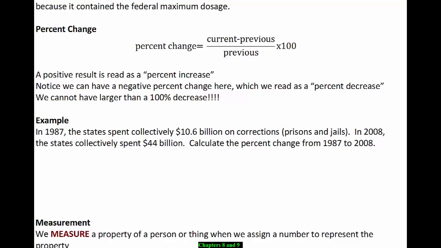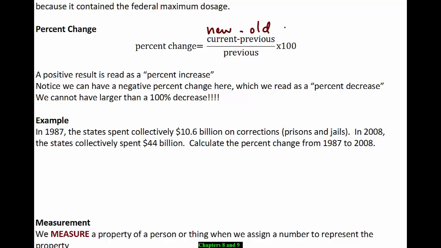We have a formula: percent change equals the current minus the previous, divided by the previous. When we're measuring this numerator, the current minus the previous, that's the new value minus the old value.